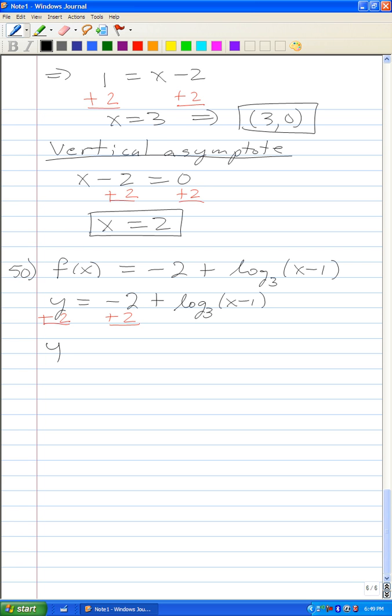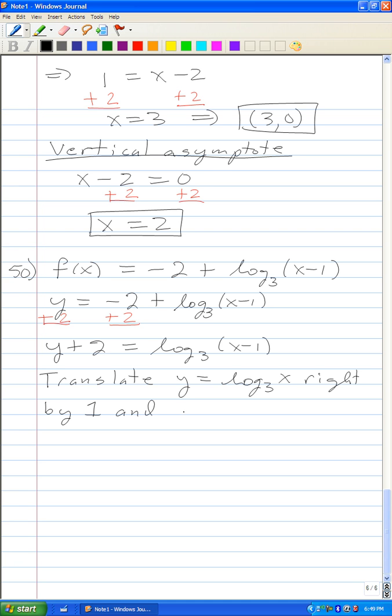So you get y plus 2 equals log base 3 of x minus 1. And so this says that I'm going to translate y equals log base 3 of x to the right by 1 unit and down 2 units.